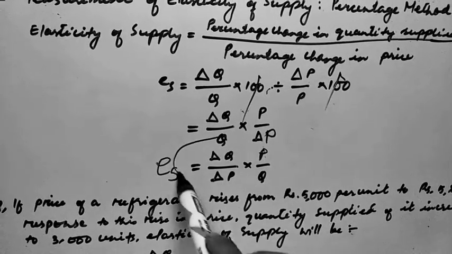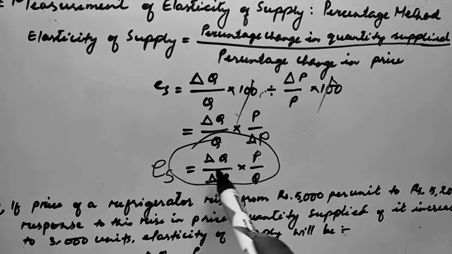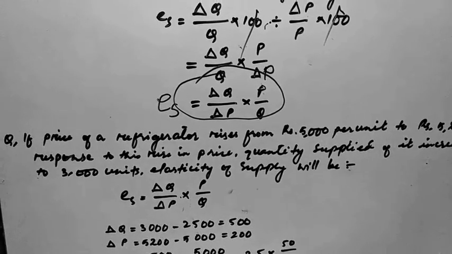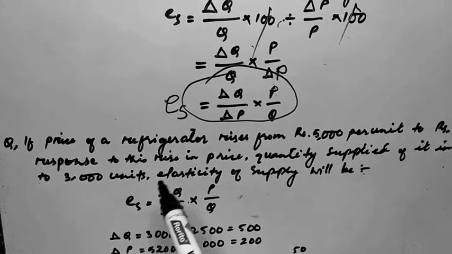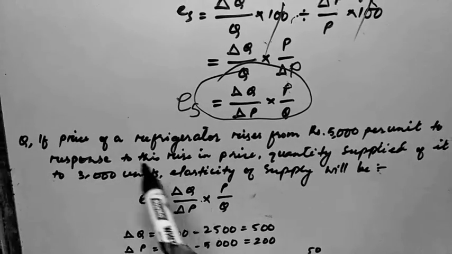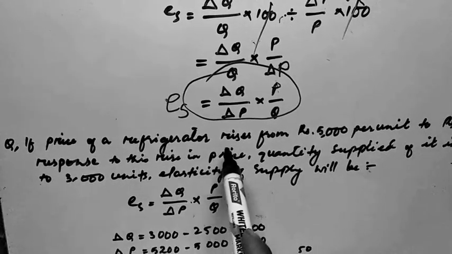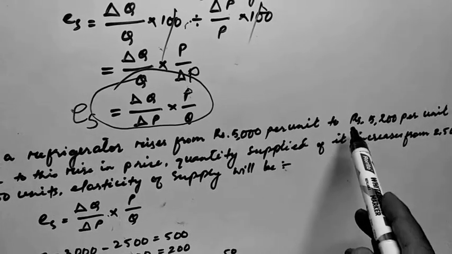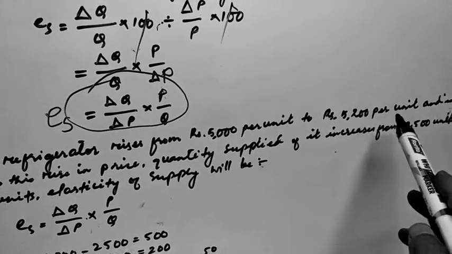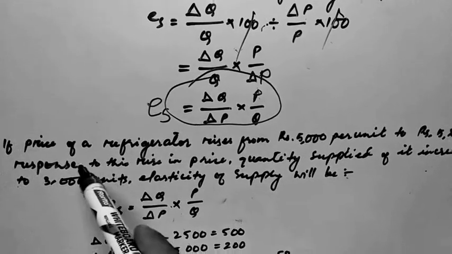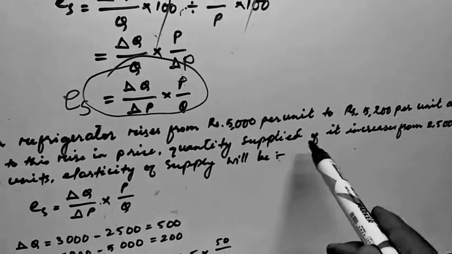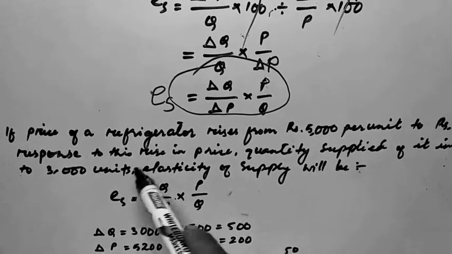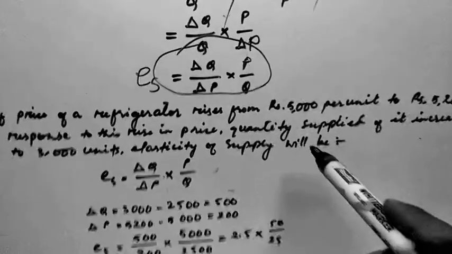You should remember this formula for your calculation. So let us see an example and try to calculate the elasticity of supply. If the price of a refrigerator rises from rupees 5,000 per unit to rupees 5,200 per unit, and because of the increase in price, quantity supplied also increases from 2,500 units to 3,000 units, what will be the elasticity of supply?